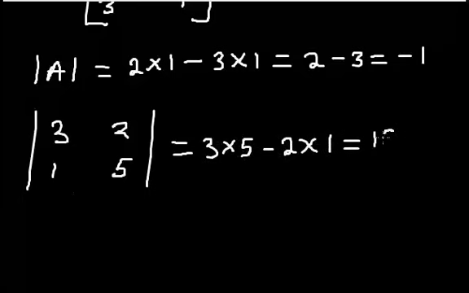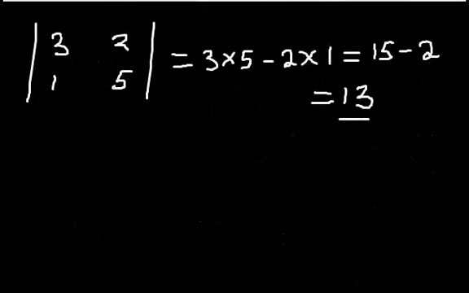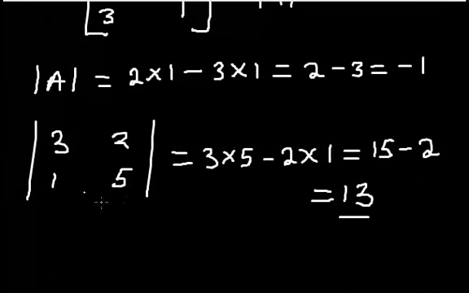This is 15 minus 2, which gives me 13. Anytime we evaluate a determinant, we always have a single value. The entire array of numbers, which is a matrix, gives me just one single value, and that is why it is called the determinant.